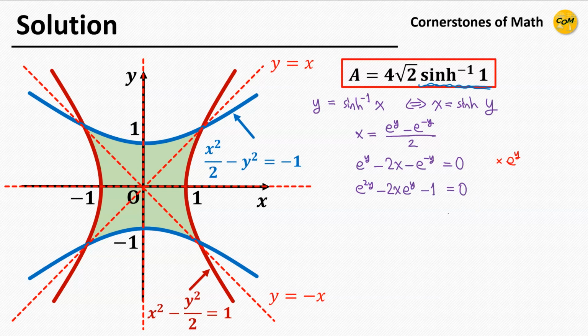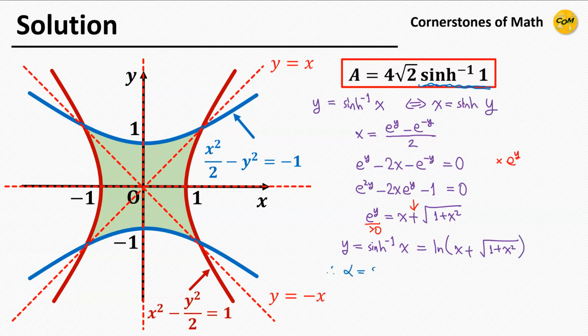Therefore, using the quadratic formula, we obtain e to the power of y equals x plus square root of 1 plus x squared, taking the plus sign here because e to the power of y must be positive. This means that y, which is the inverse hyperbolic sine function, can also be expressed as ln x plus square root of 1 plus x squared.